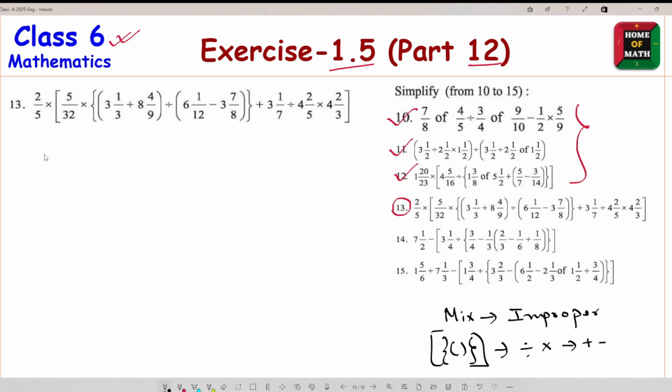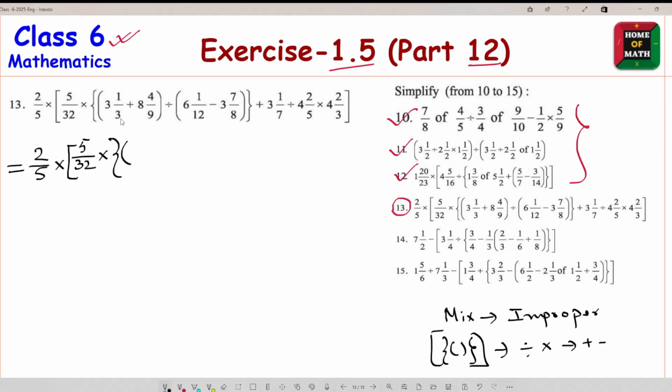So first, here is 2 by 5 times, third bracket start, 5 divide 32 times, second bracket start, first bracket start.